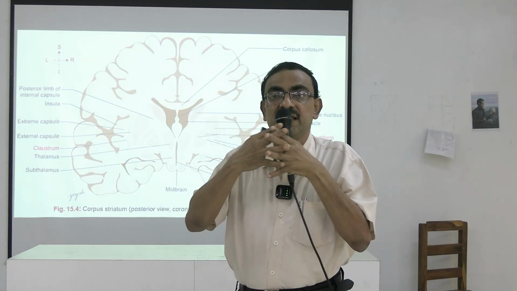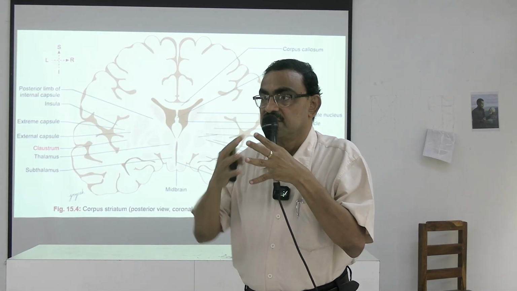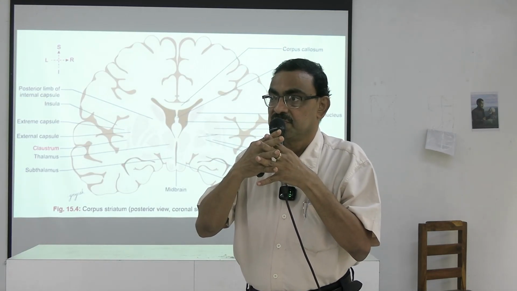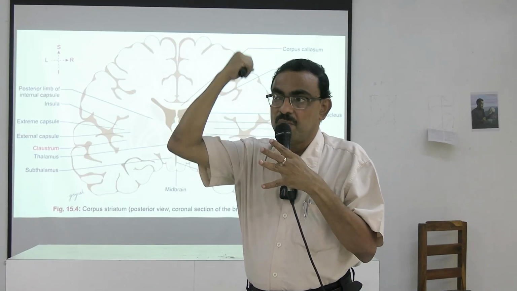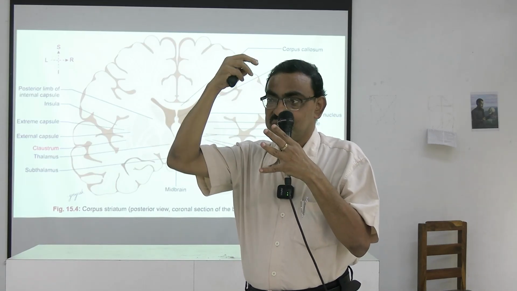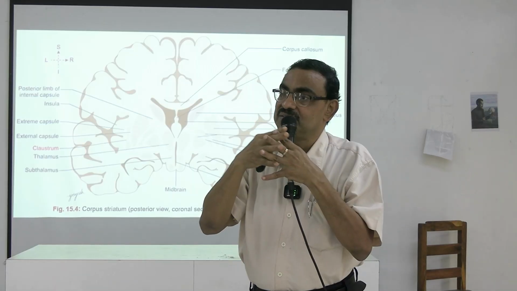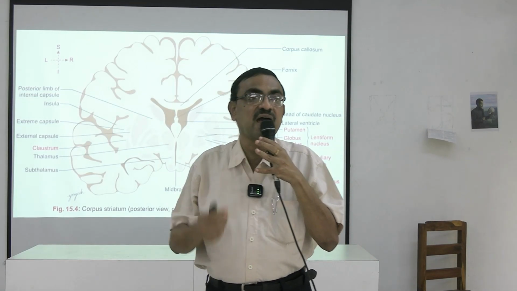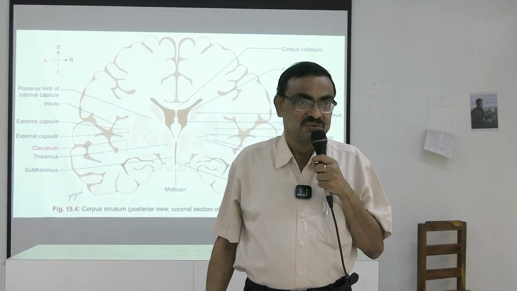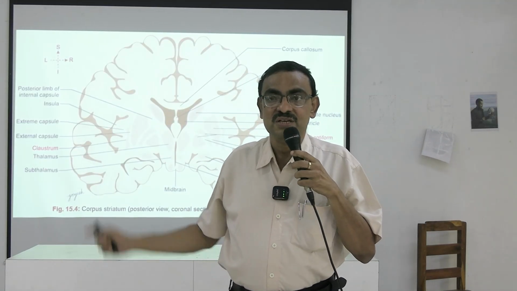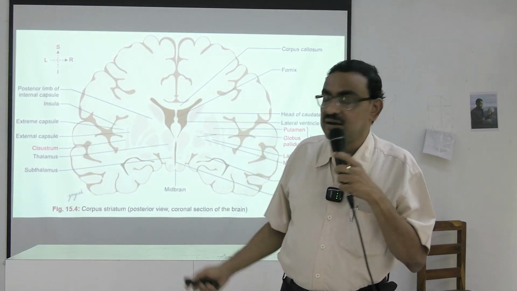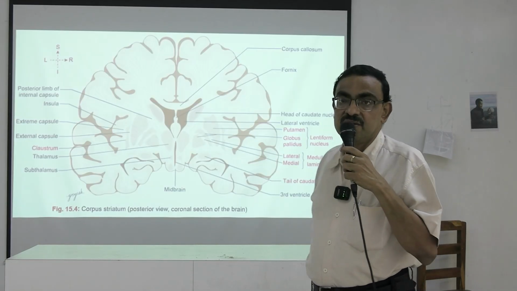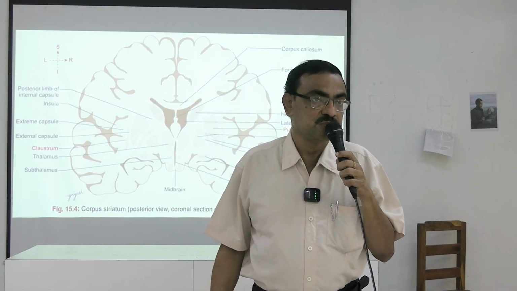So as a whole there is a crisscross pattern of fibers, like when we comb our hair, that pattern is generated and gives a striated appearance. So this putamen and the head of the caudate nucleus are part of the corpus striatum.